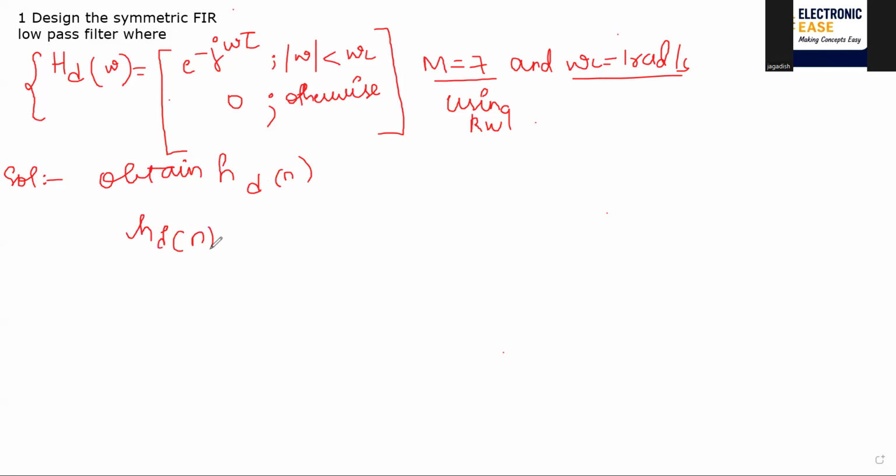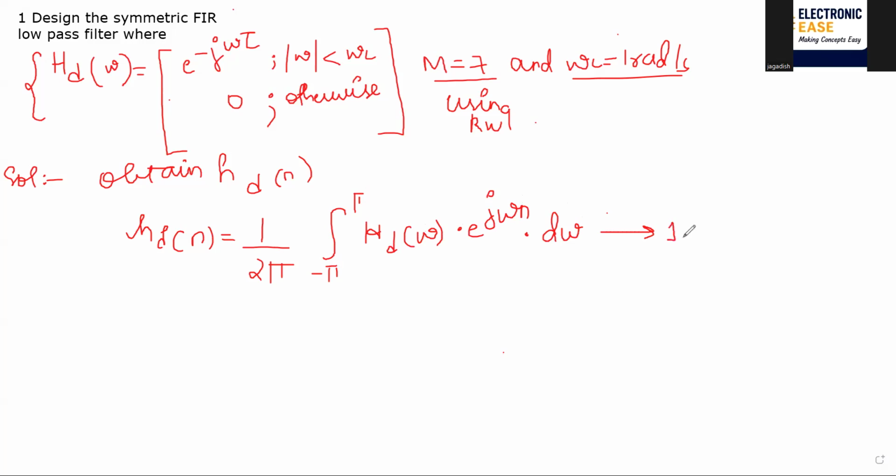HD of n is equivalent to, this is a formula which you need to remember, 1 divided by 2 pi, integral with limits ranging from minus pi to plus pi, HD of omega into e to the power of j omega n into d omega. So this is the equation that you need to remember.